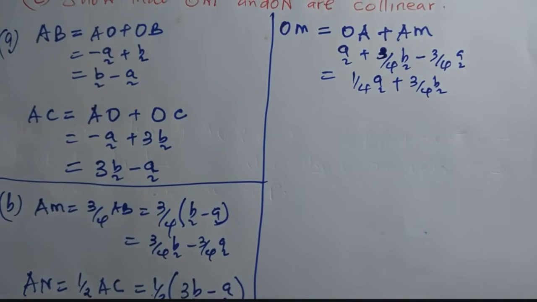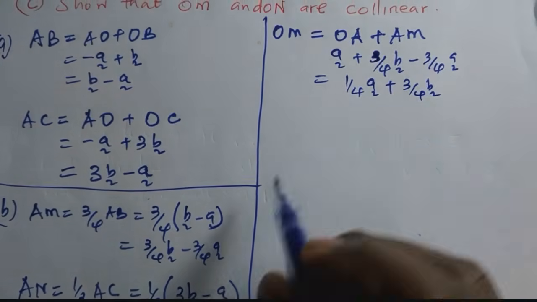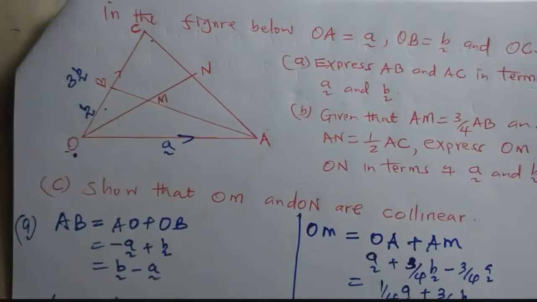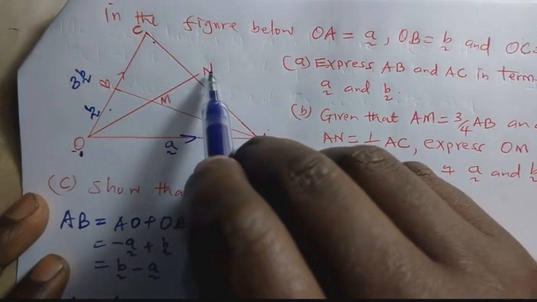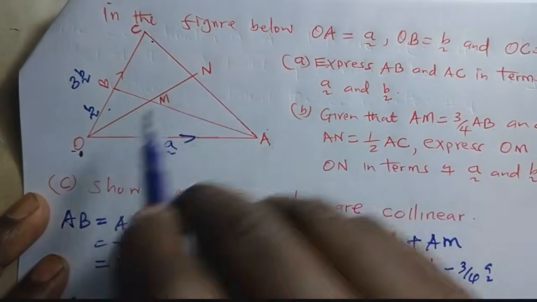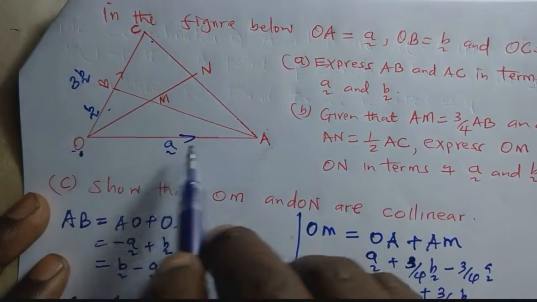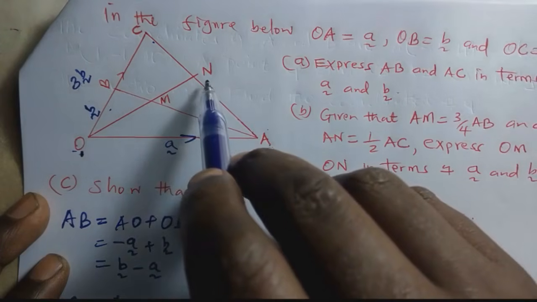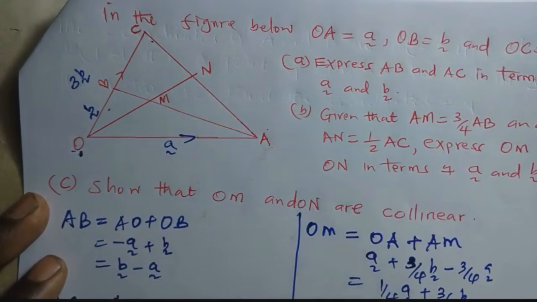Now we want ON. How do we get ON? ON is equal to OA plus AN. That's one way of getting that.